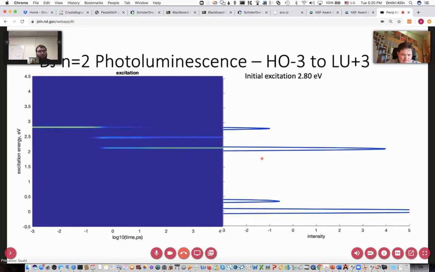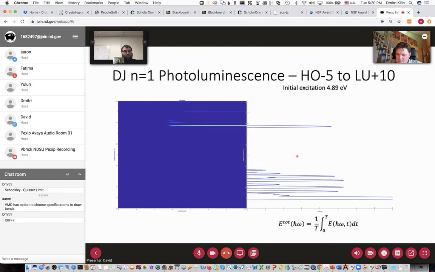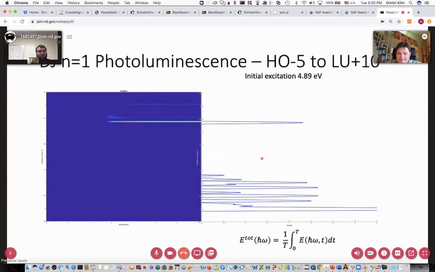Yeah, and I guess the only thing you could do just to convince yourself is to change HOMO -5 to just the HOMO position, and just artificially run the same dynamics.